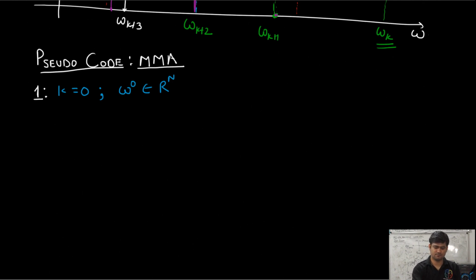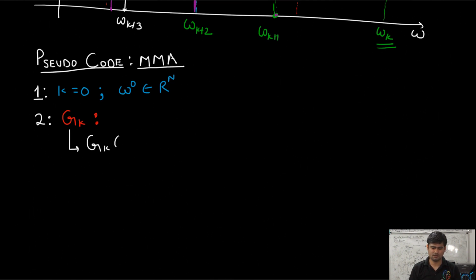Step number 2, we select the function gk such that it satisfies two constraints. Number 1, gk should upper bound the original loss function j.